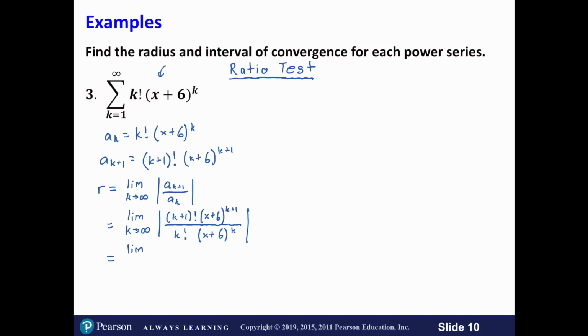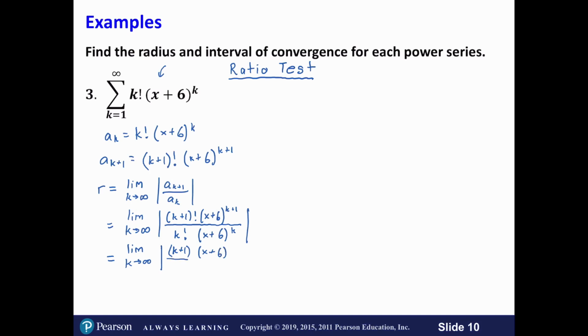In this case, the k plus 1 factorial is just k plus 1 times k factorial, and so that will simplify to just be k plus 1. And then the x plus 6 to the k plus 1 is really just x plus 6 to the k times x plus 6, and so that will just simplify to be x plus 6.